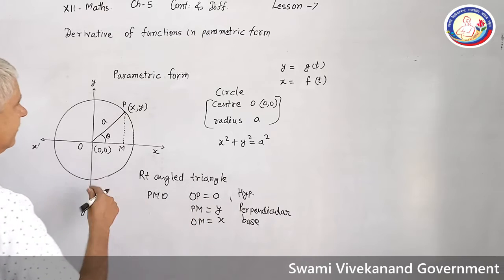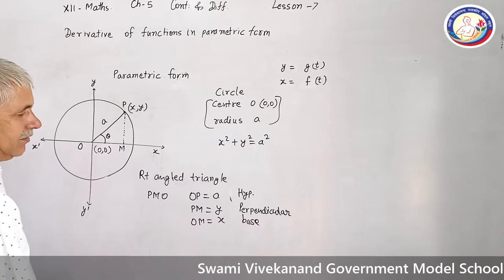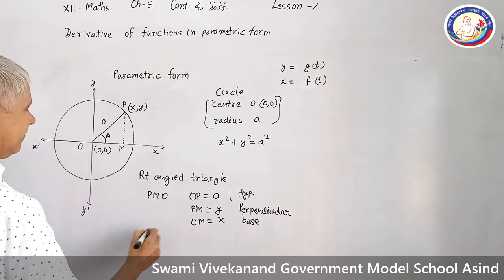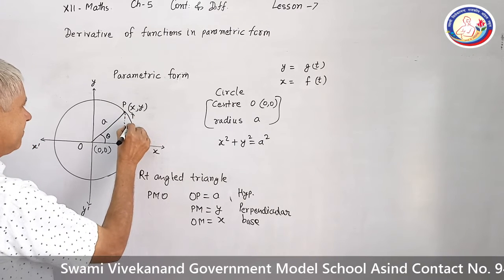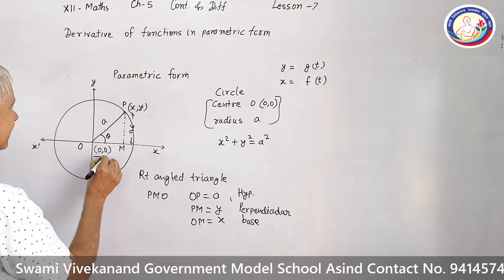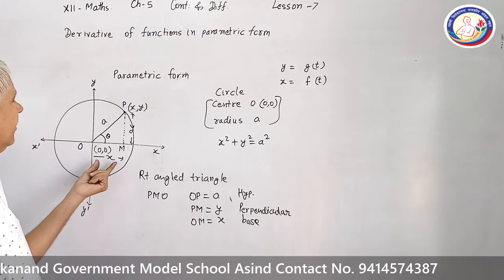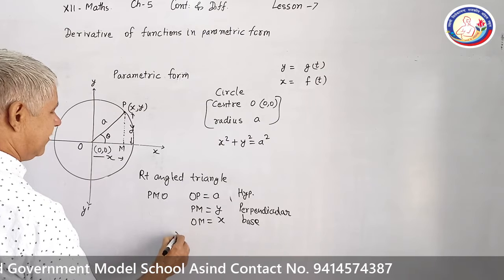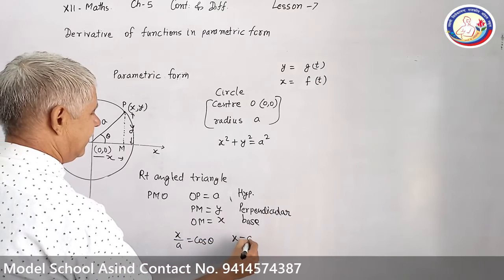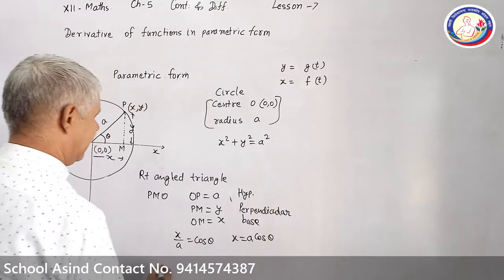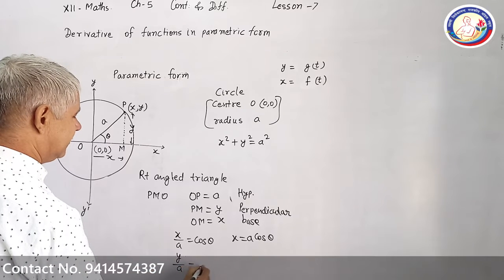Now we want to find the values of x and y in terms of theta. So by our knowledge of trigonometry, x upon a is cos theta, so x is a cos theta, and y upon a is sine theta.